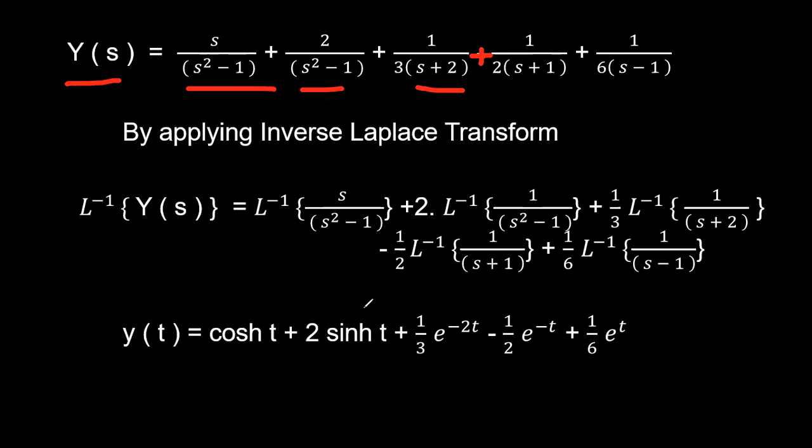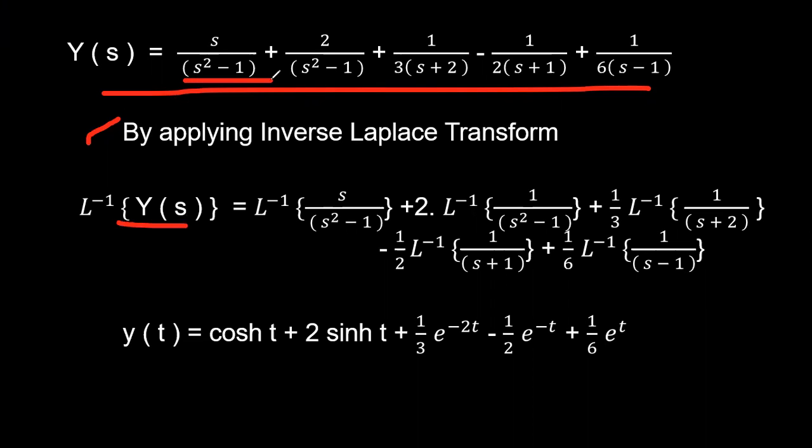Next, what we have to do? Next we have to apply the inverse Laplace transform for the given function, which is represented in terms of s. When you apply the partial fraction, you have to apply the linearity property while applying the Laplace inverse transform. So Laplace inverse of Y of s is equal to Laplace inverse of this function, plus 2 is a constant which can be kept outside, plus 2 into Laplace inverse of 1 by s square minus 1.